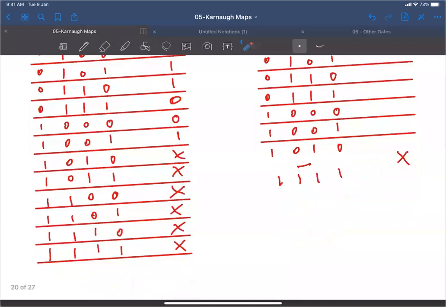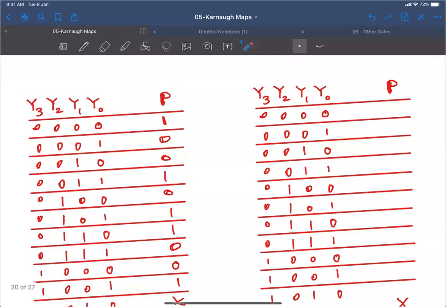Now for 0, 0, 0, 0, what is my parity bit? 1. Excellent. Why? Because this is what makes the total number of ones in the whole thing odd. Let's pick another one: 0, 1, 0, 1. Does it make sense that the parity is 1 here?